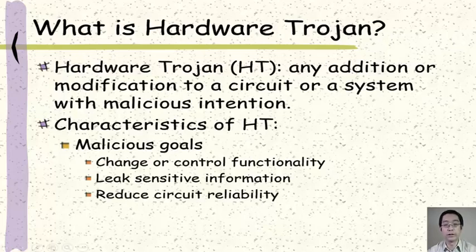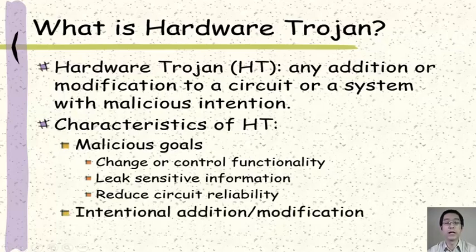Also from the definition, we know that a hardware Trojan must be added or modified intentionally. For example, in traditional designs, we have a lot of don't cares, and as we have discussed earlier, we can introduce a lot of backdoors as security vulnerabilities during the design.